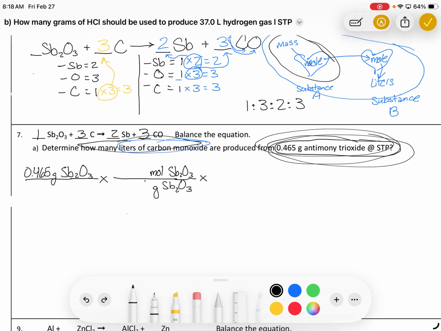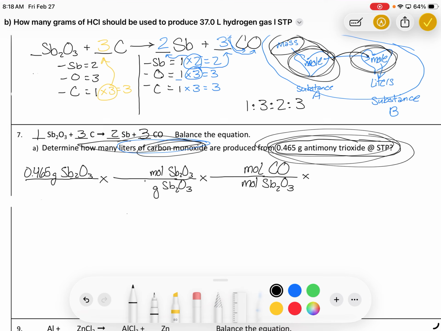Yes. Then we're going to convert moles into what? Moles. How do we know what goes on the bottom of our railroad? Has to be diagonal. Has to be the same thing diagonal. We're converting from moles of antimony trioxide into moles of carbon monoxide.